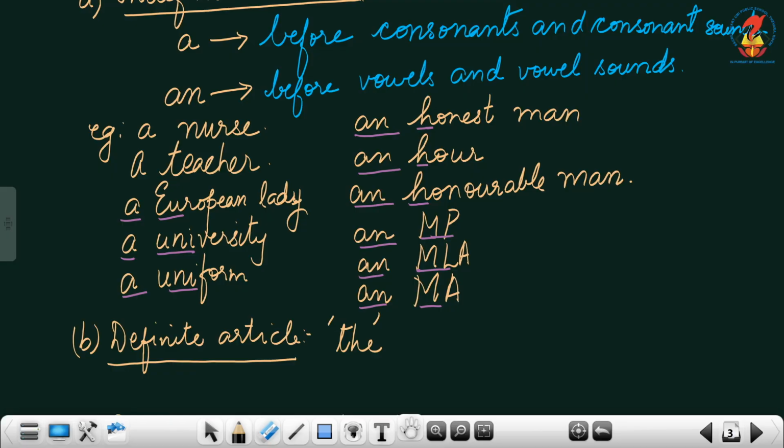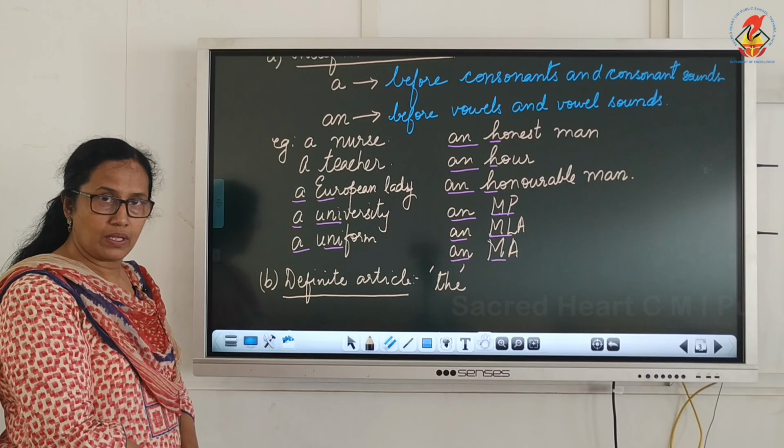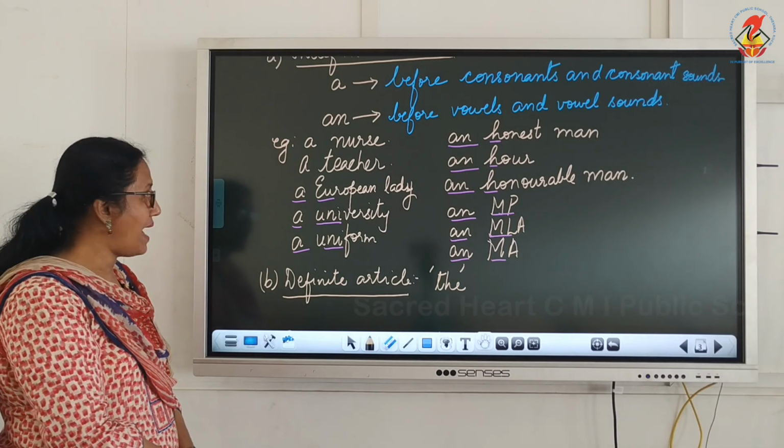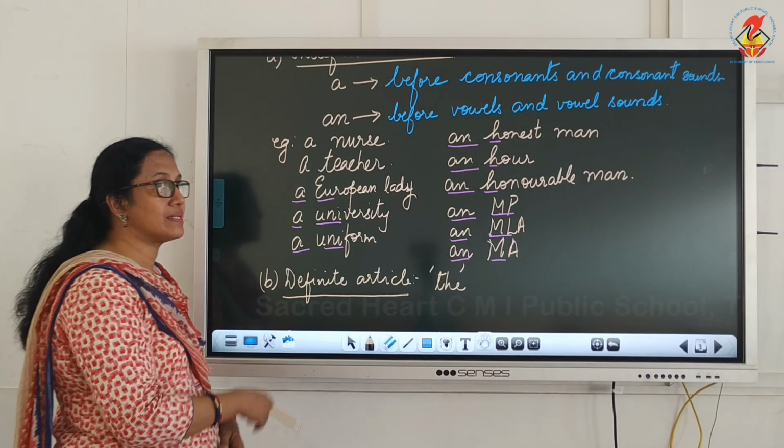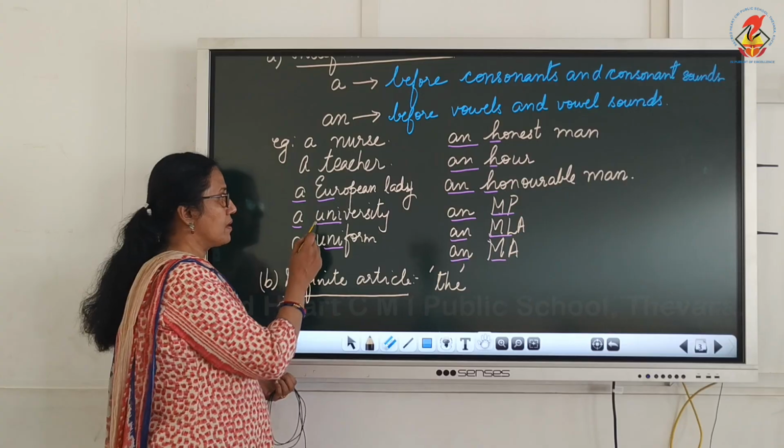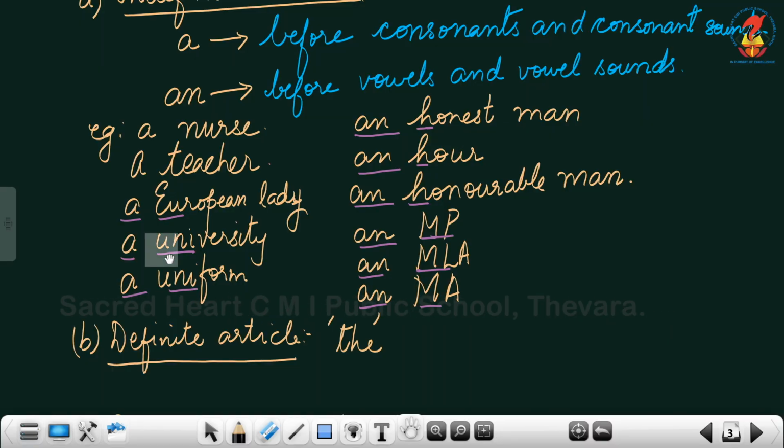So here it is a European lady. Now likewise in the next one, university. U is a vowel, so it should be an there. No, but when you speak the word, it says yoo-niversity, isn't it? University. Likewise in the next word, uniform.